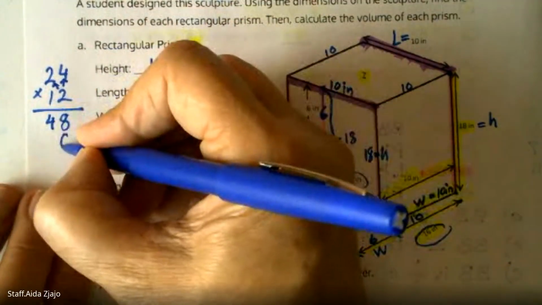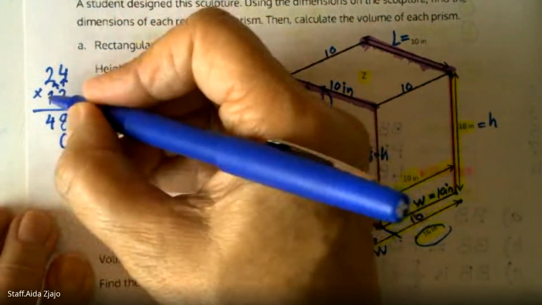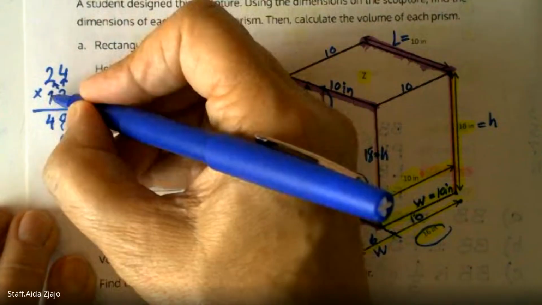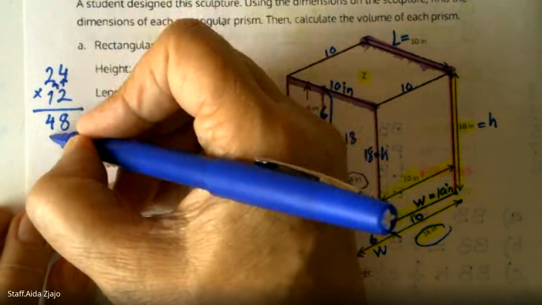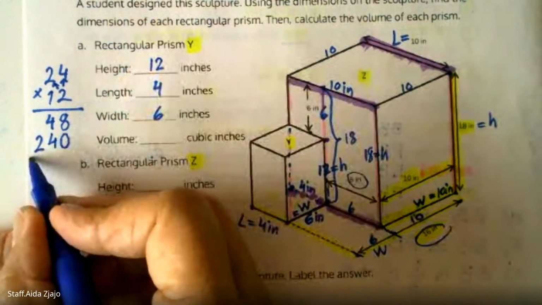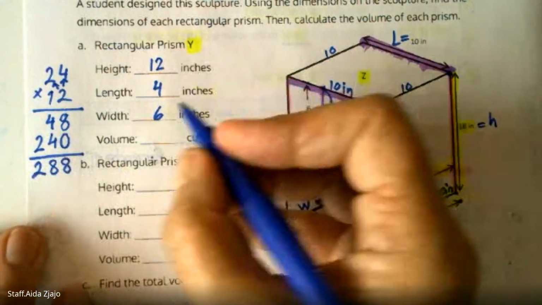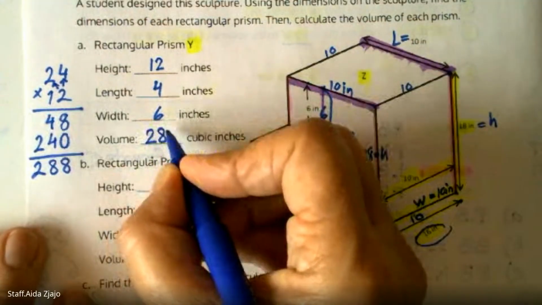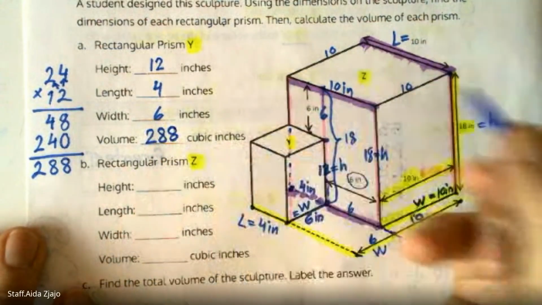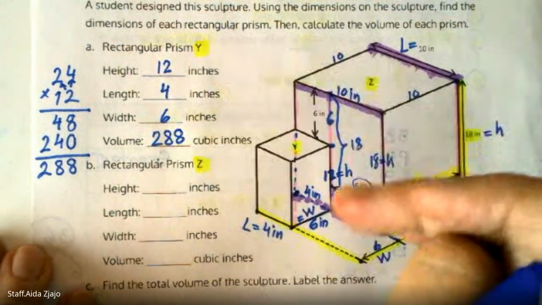I'm done with ones, so I'm going to move to tens. So this is 10. 1 times 4 is 4. 1 times 2 is 2. And when I add them together, that makes the volume 288 cubic inches. That is prism Y.